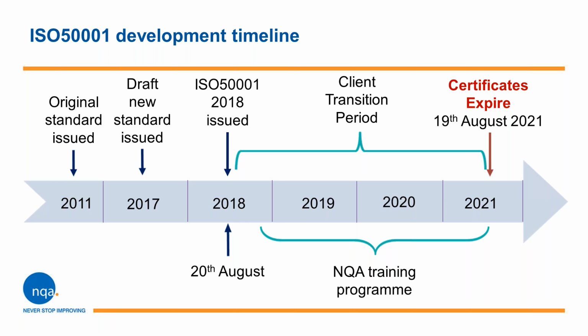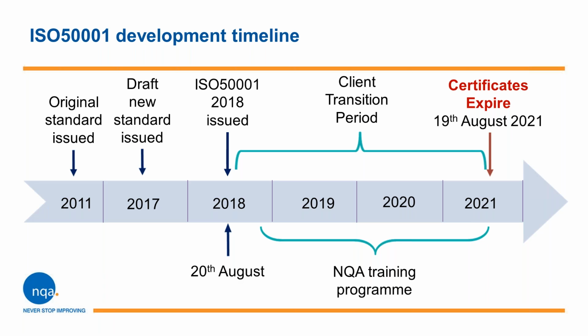As with the other standards, 9 and 14, there is a transition period, and that transition period, as was expected, lasts for 3 years. And any existing certificates to the 50001:2011 standard, if you haven't transitioned within the 3-year period, your certificates will expire on the 19th of August 2021.